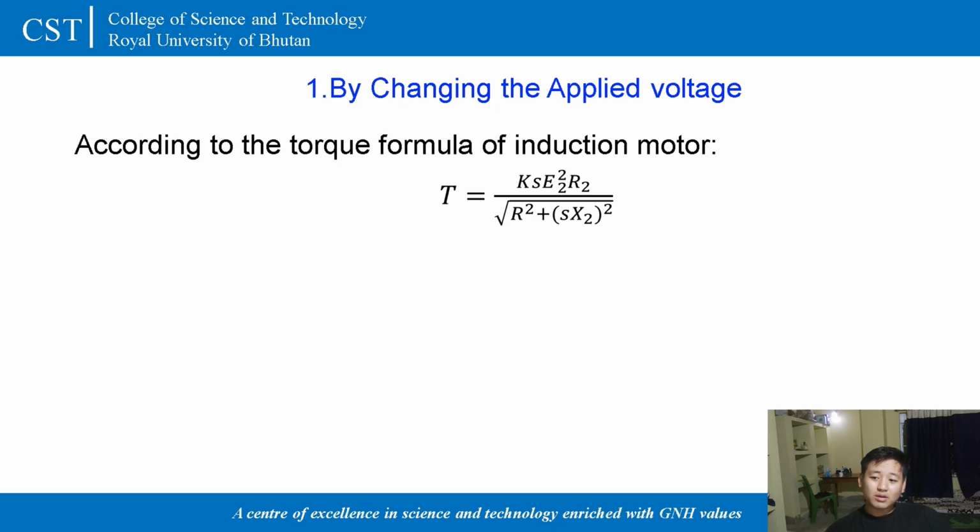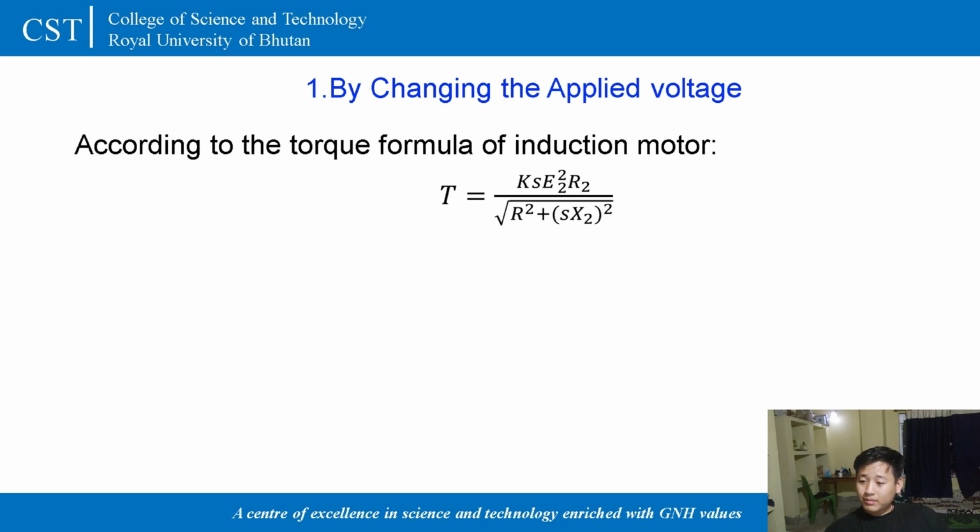According to the torque formula of induction motor, the torque is given by T = K s E2² R2 divided by the square root of (R2² + (sX2)²). R2 is basically fixed, and if the slip value s is quite small, the term sX2 squared is so small that it can be neglected and removed.